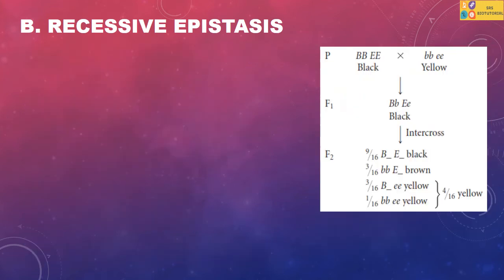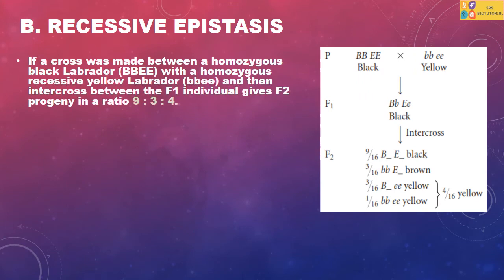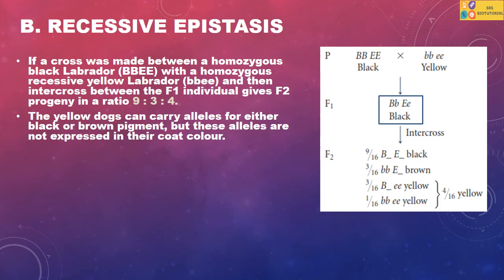If a cross is made between a homozygous black Labrador and a homozygous recessive yellow Labrador, we obtain all black progeny in the first filial generation. The intercross between the F1 individuals gives F2 progeny in a ratio of 9:3:4.